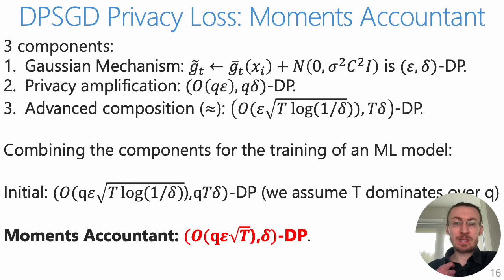So this is a multiplier incurred from many iterations of the training algorithm. The delta is assumed to be T times q times delta, since we assume that T is much higher than q. So this is roughly amounting to T times delta.